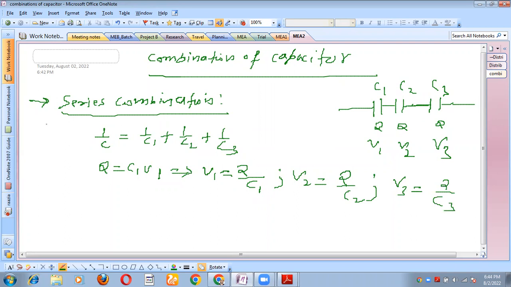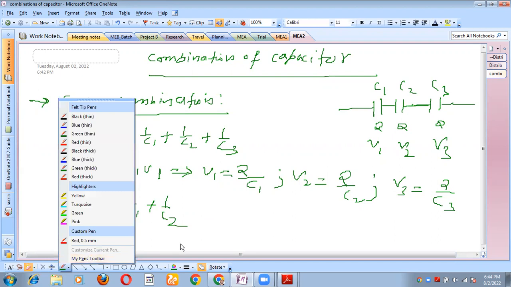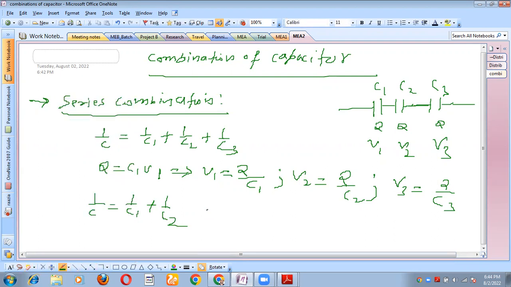If there are two capacitors in series, we know that in series combination 1 by C will be equal to 1 by C1 plus 1 by C2. And from here we can get a result which we will remember directly: C is equal to C1 C2 by (C1 plus C2).